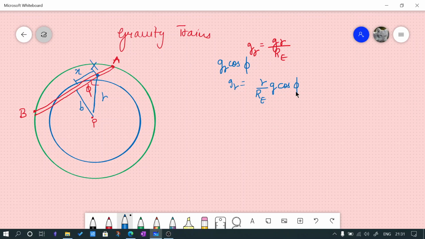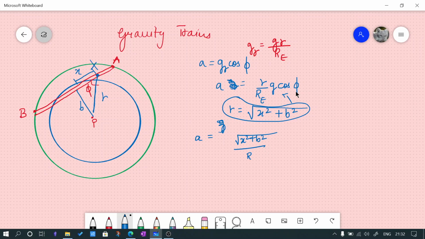Using Pythagoras theorem, r can be written as root over x square plus b square. So this is the acceleration at point A. On substituting this value, we get acceleration equal to root over x square plus b square upon R_e times g cos phi.